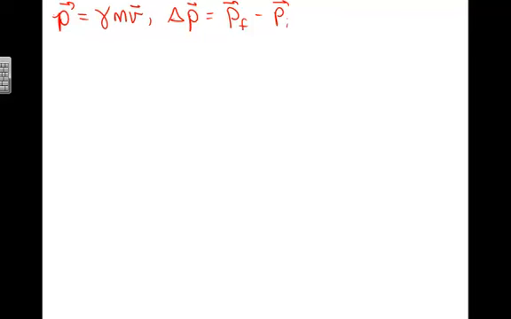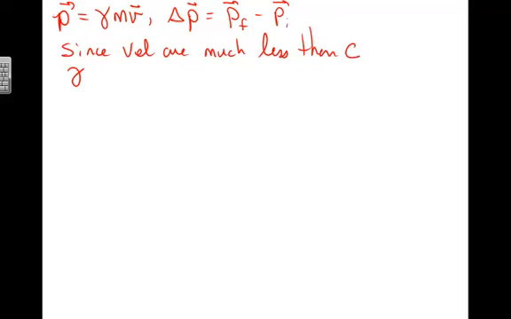Now, we notice that since the velocities are much less than c, that implies, as we saw in a previous section, that gamma is approximately 1, so P is approximately mv.